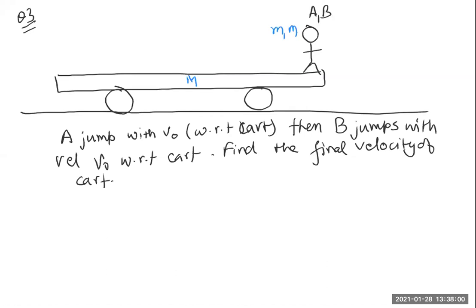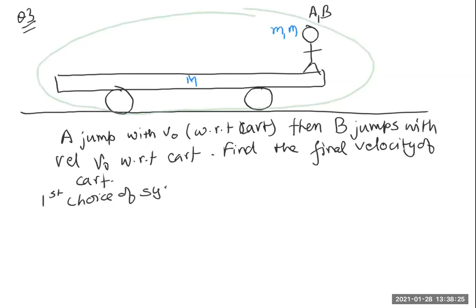No no no, wait, I'll do it, look, everybody please pay attention, see how I am going to do this. Yes Joeb, look at what I'm doing, then compare your answer. So I choose the system as, first choice of system, is two men plus cart.